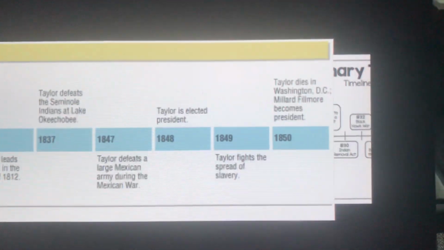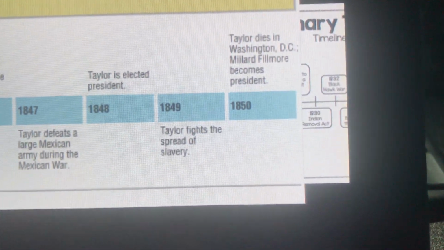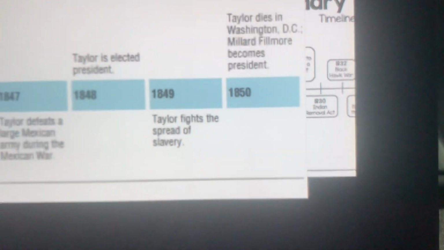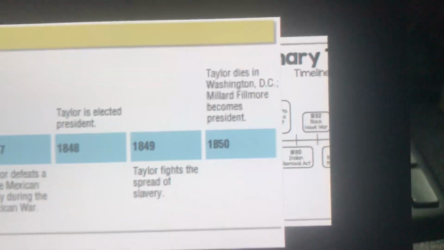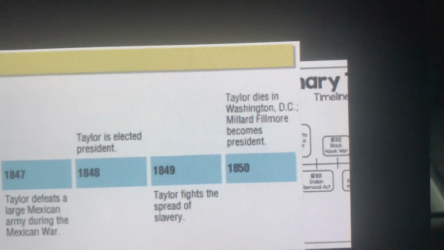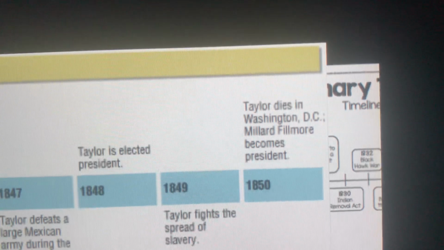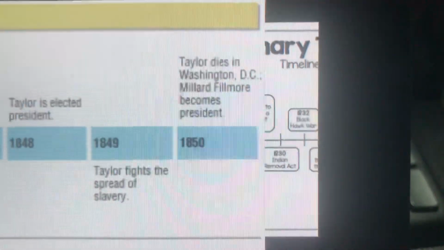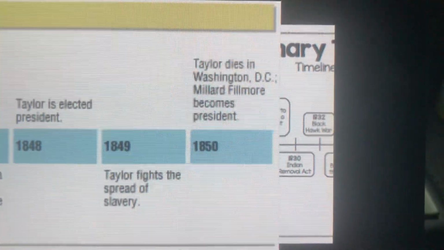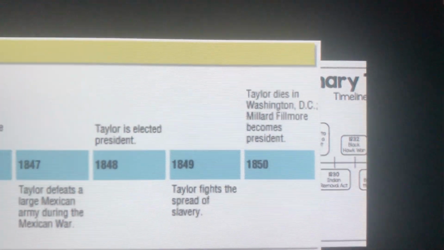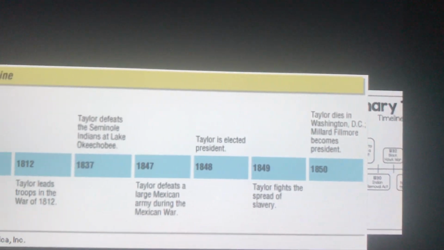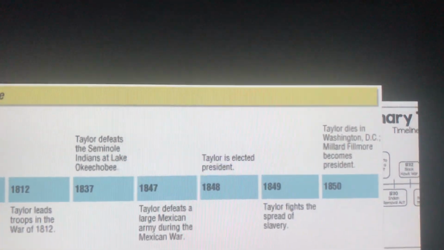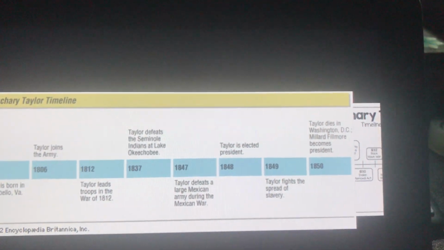So yeah, he was in office for only a year, because on Independence Day he caught a stomach ache, because he died of a stomach flu. He died of a stomach flu 5 days after the Independence Day of the United States.